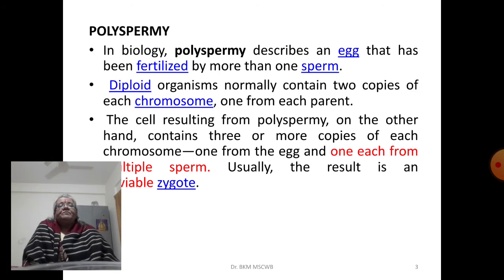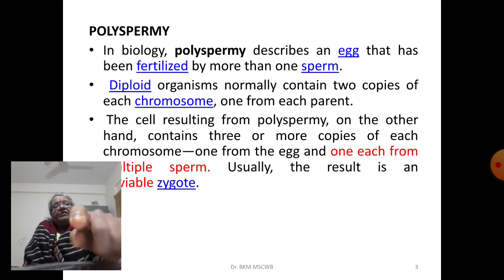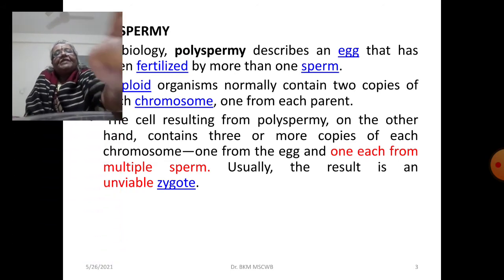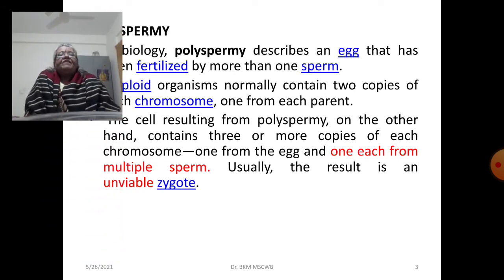Depending upon how many sperms have made an entry, that many sets of chromosomes you find: one derived from the egg and one each from multiple sperm. Such fertilization often results in an unviable zygote, because normal diploidy is replaced by triploidy, tetraploidy, etc.